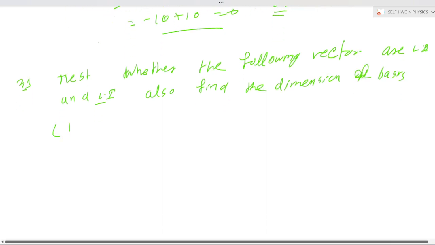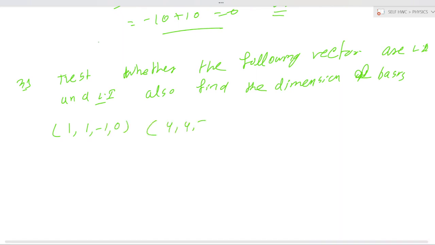The vectors are 1, minus 1, 0; 4, minus 3, 1; minus 6, 2, 2; and 9, minus 6, 3.